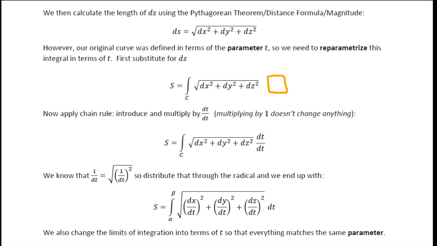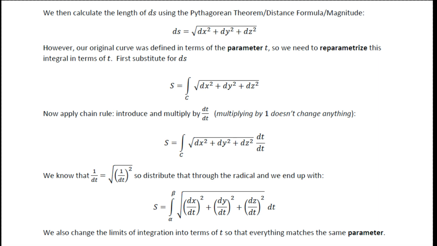That notation matters. This means we need to reparameterize. And again, we're going to do this in terms of t because my original vector function r was r of t. So my variable is t. So I want in that box at the end to be dt. Well, I can't just magically make that happen. I have to do math. So I'm going to apply the chain rule.